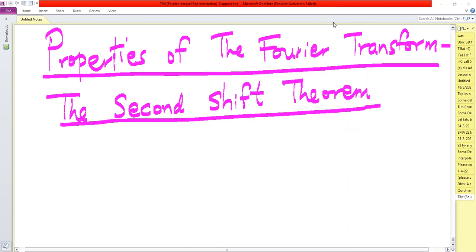So welcome again. In this session, we are going to state and apply the second shift theorem for Fourier transform.